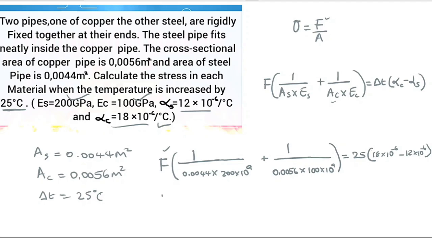Then when you break this down, one side is 2.92 times 10 to exponent 9, and this side is 1.5 times 10 to exponent 4.